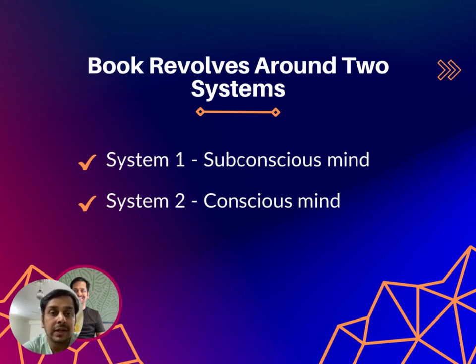Imagine when you first try to learn the bicycle or the car or something like that, you have to put in a lot of effort. You were very, very vigilant at that time. Someone is coming from the right, someone coming from the left, and you were always looking out for the rules to follow, like watching in the mirror. But now you don't need to, because your system two has trained system one.